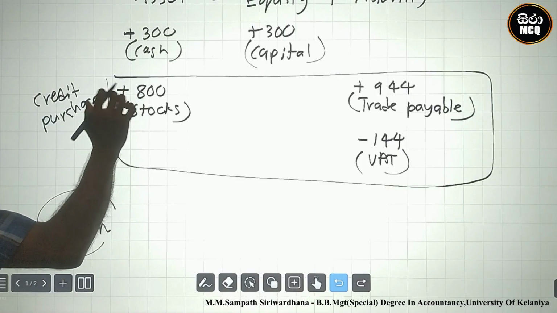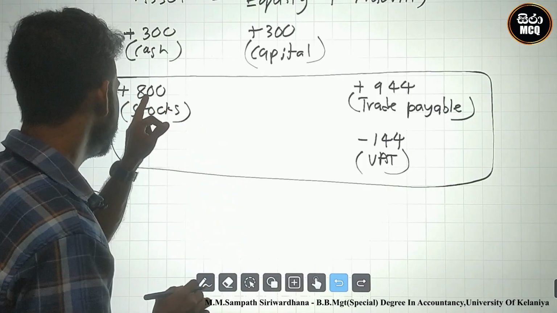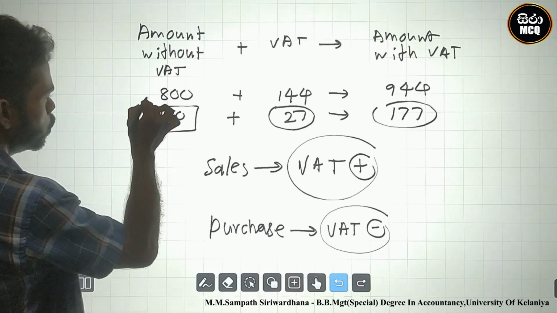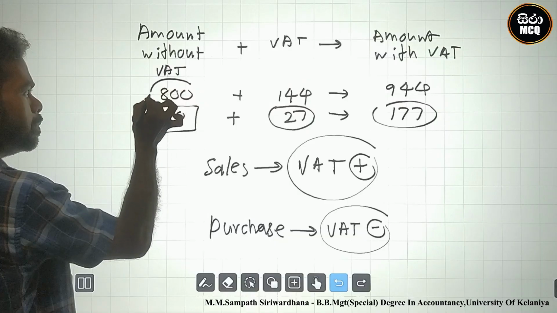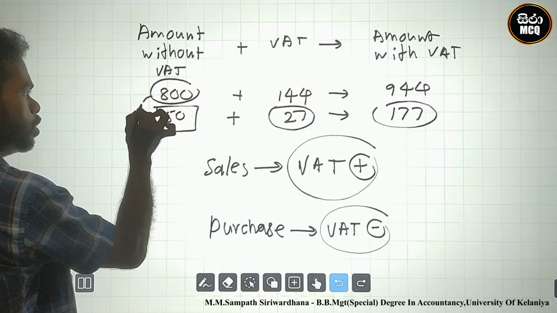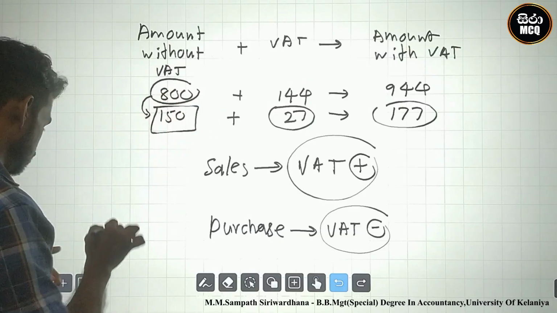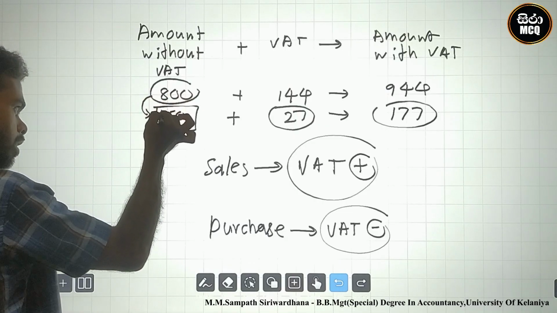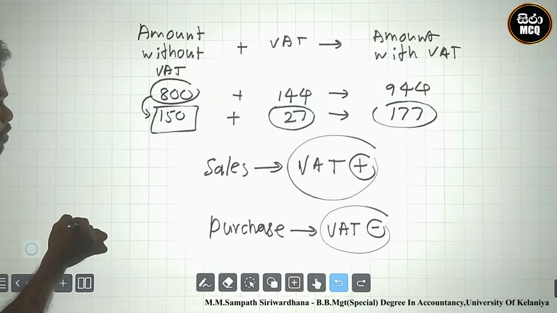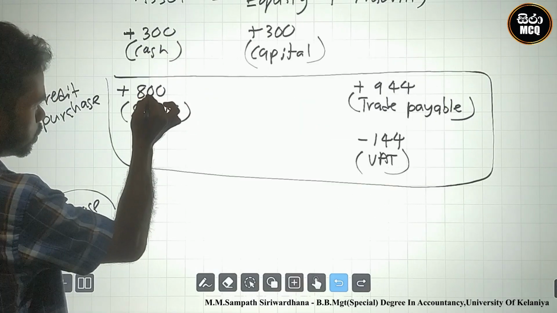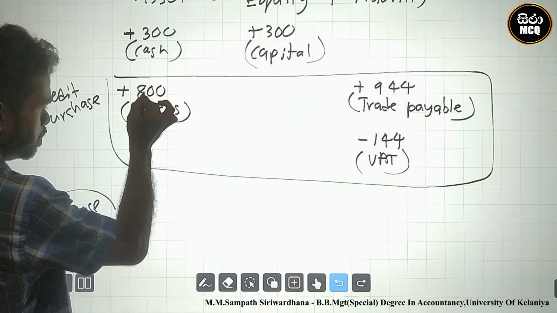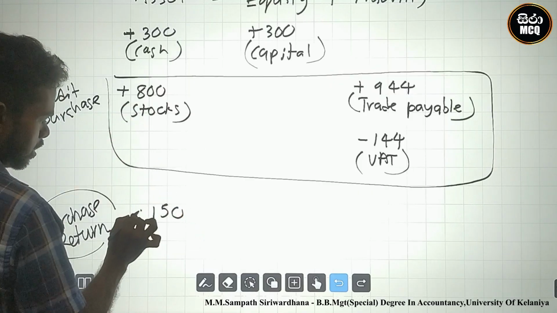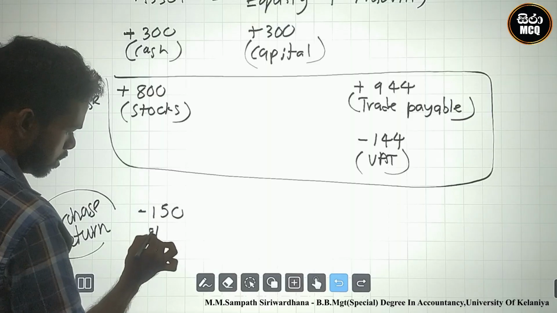Therefore, we must create the opposite side of this. 800 is the big one, the small is 150. Based on the 800, we must create a 150 reduction there. 800 is plus, 150 must be the opposite, minus stocks.